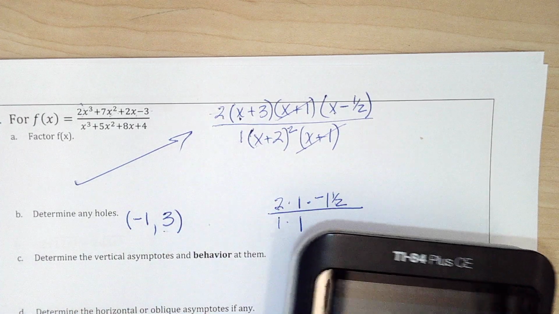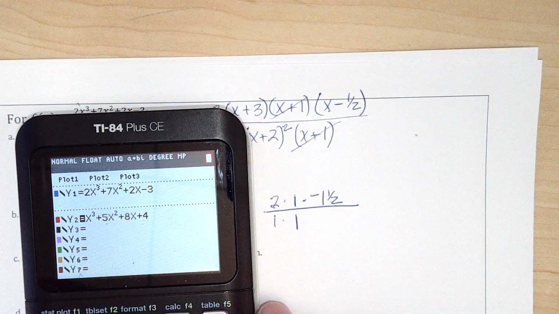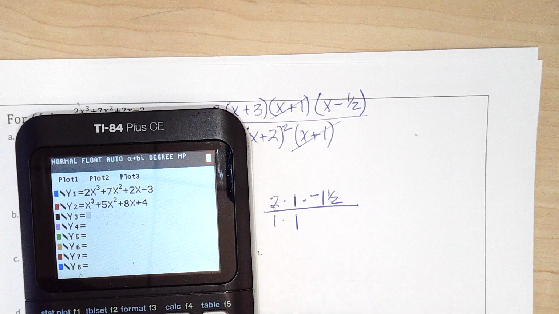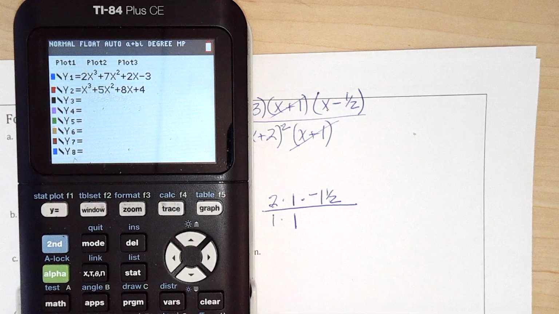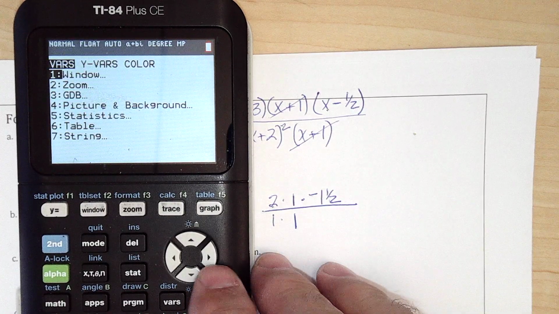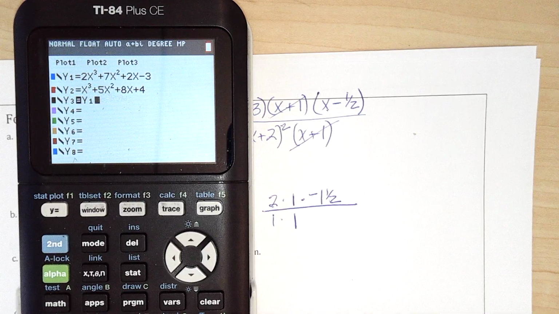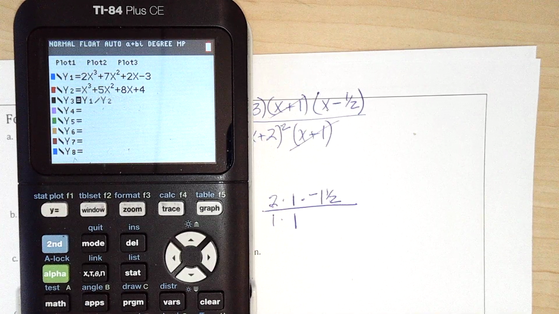Now, let's see if that looks like it's anywhere close to correct. So I'm going to go to the graph, turn that one off, and type in y1 divided by y2. To do that, I'm going to go vars, y variables, y1 divided by vars, y variables, y2.